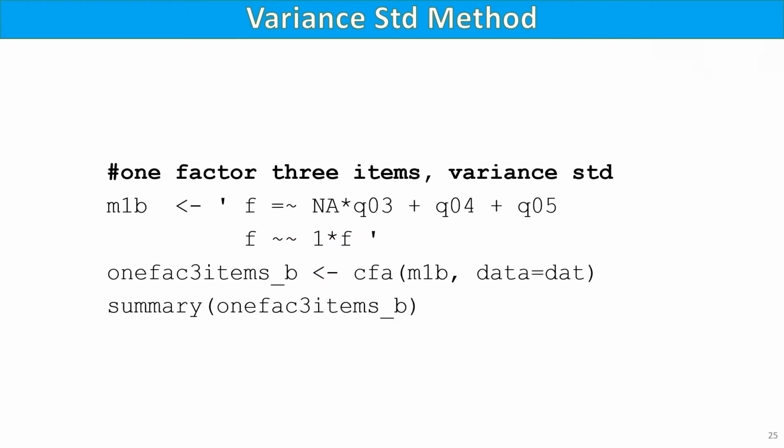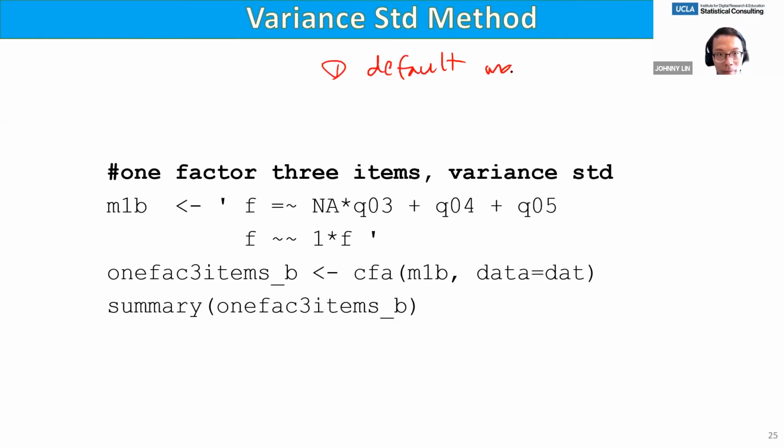Sorry, somebody answered in the chat. Oh, it's already answered in the chat. Yeah, so it is the variance standardization method, but I want to go over the details of how it's doing that. Okay, so number 1, lavaan uses the default marker method, which means it fixes the first loading to 1.